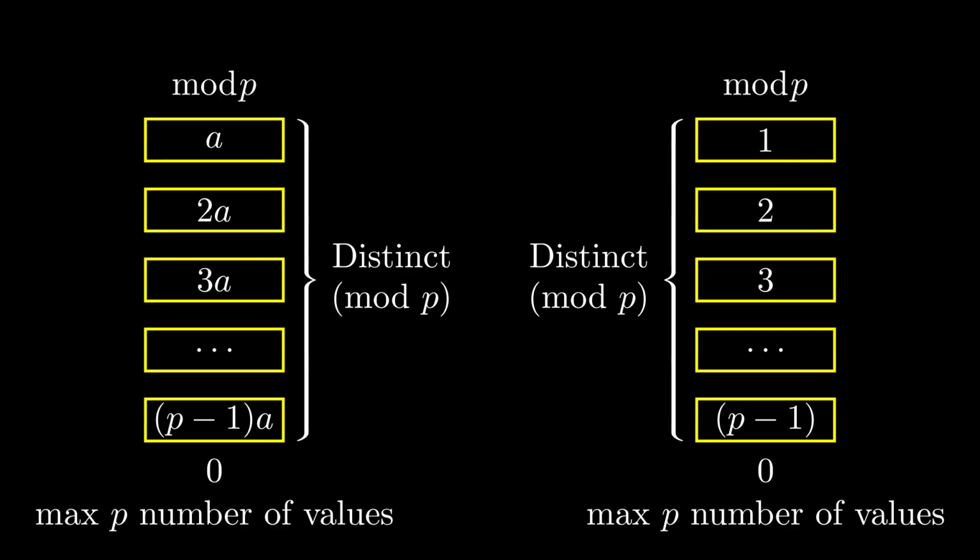Because you don't know which value corresponds to which other, but you know that each of the sets just contains all of the possible distinct integers modulo p. Now that we know that these two sets contain the exact same elements, we can map the elements in the left set to the elements in the right set, forming a one-to-one correspondence, since each set has the exact same values. Now, we want to deal with our original sets.